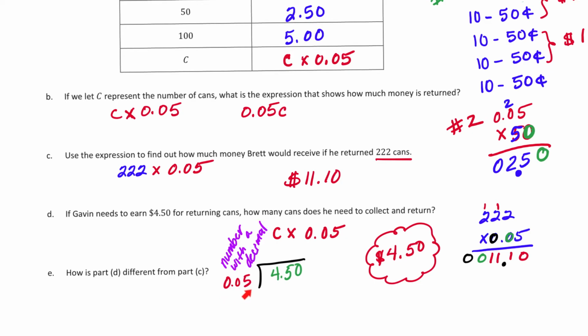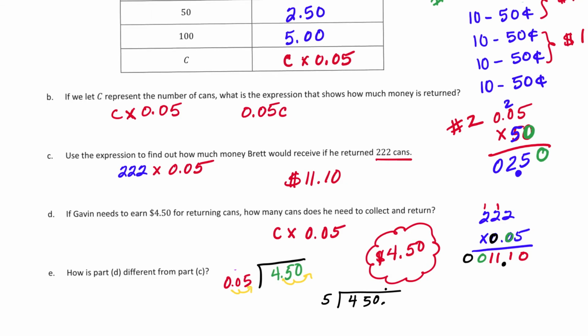It has to be a whole number. This is gonna be a quick review, right? Move the decimal to the end 2 places, move the decimal to the end 2 places. So now you're gonna have 5 divided by 450. That's after you have moved the decimal in the right place.